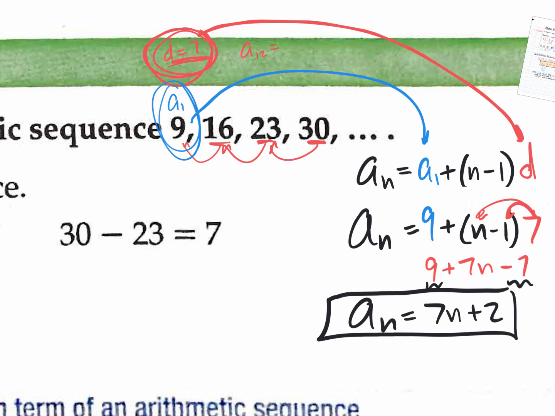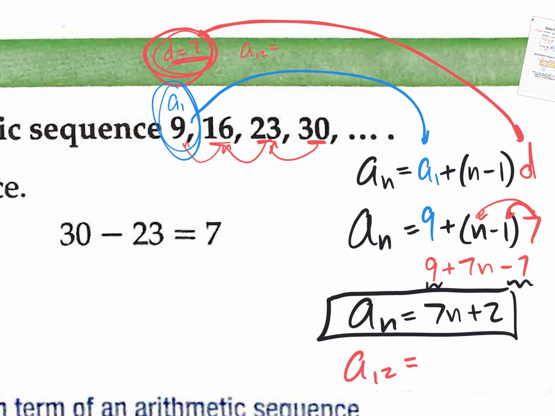Isn't it crazy, right? This machine produces this list. Not only that, this machine will allow you to find any number on the list. So on this question, they are asking for a sub 12, right? So all I have to do is plug in a 12 for n. So to show my work, a sub 12. That's just the notation. That's the name of what work I'm about to do.